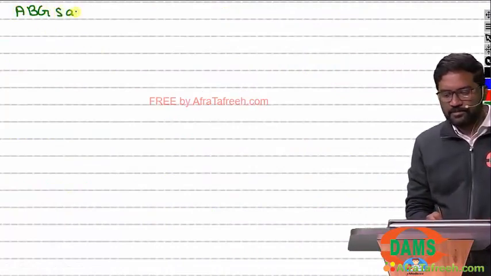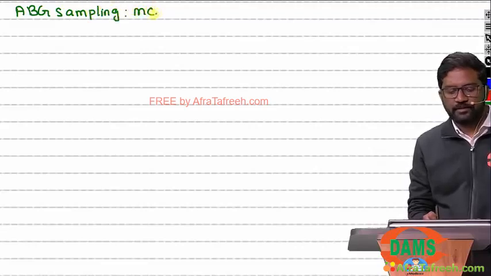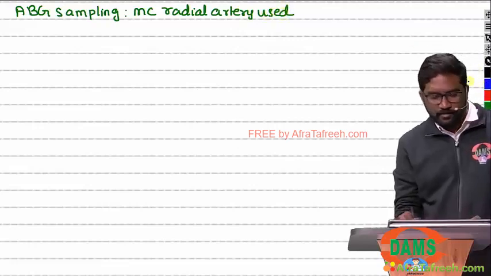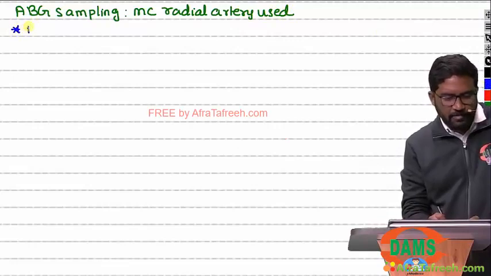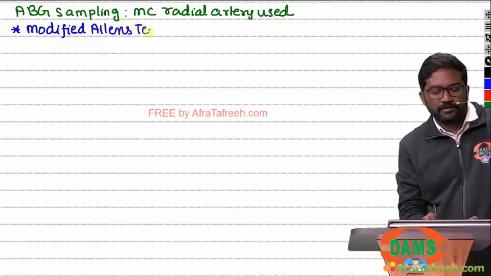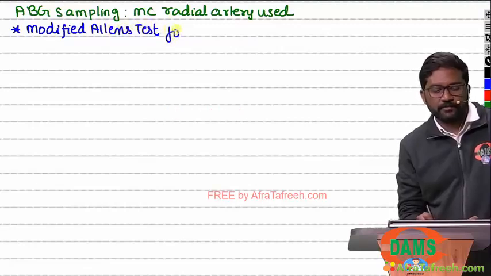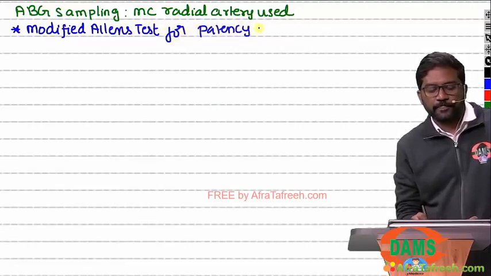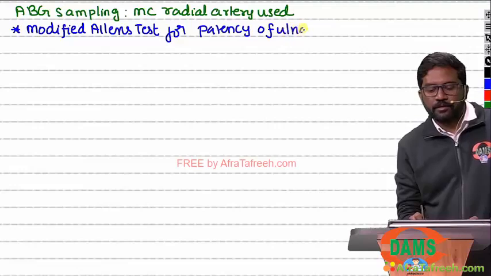ABG sampling. Most commonly the radial artery is used. We are going to do the modified Allen's test for patency of the ulnar artery.